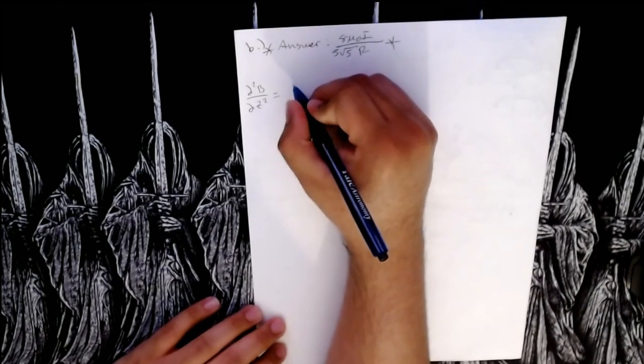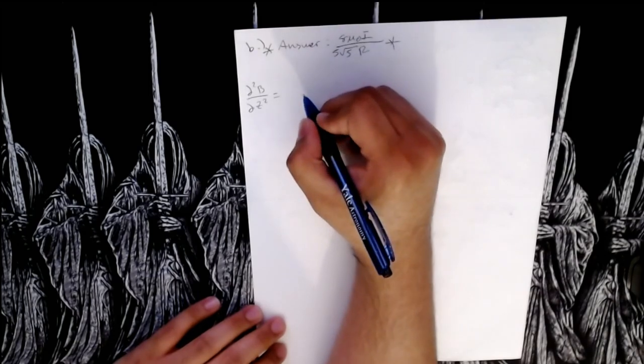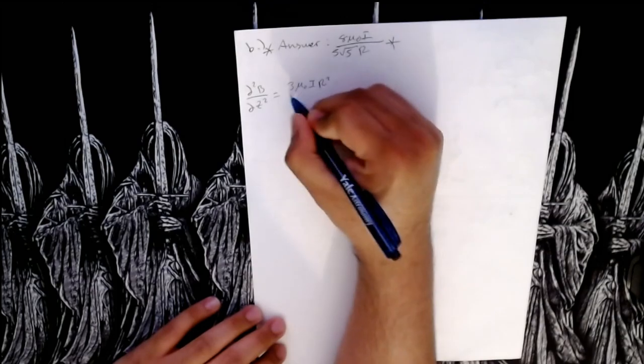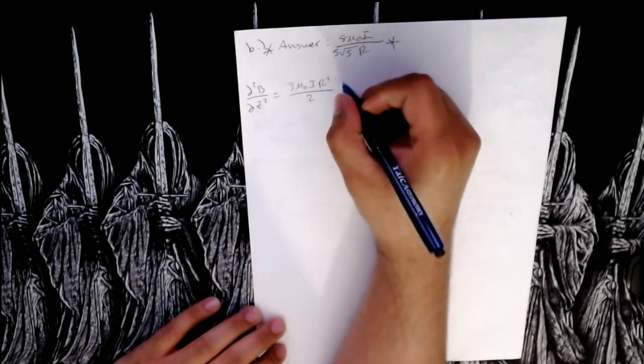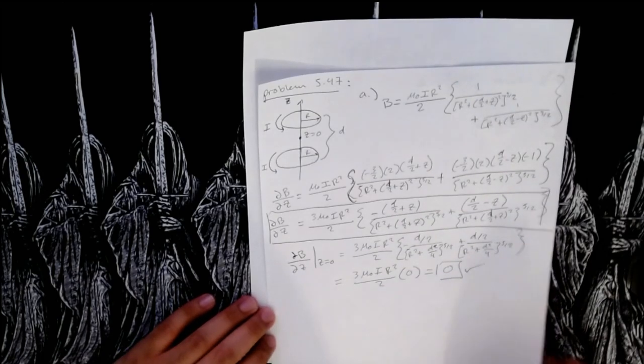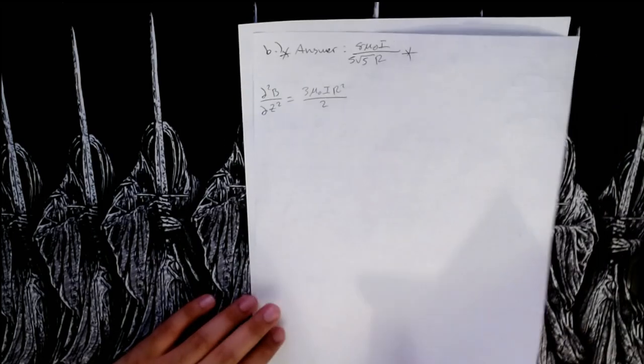Anywho, alright, let's see. You're going to have 3 mu naught I r squared over 2. Let's see, I just have to pay attention to this guy.